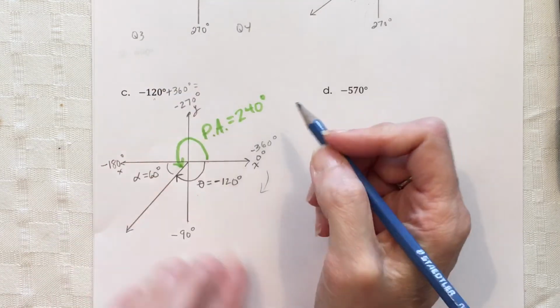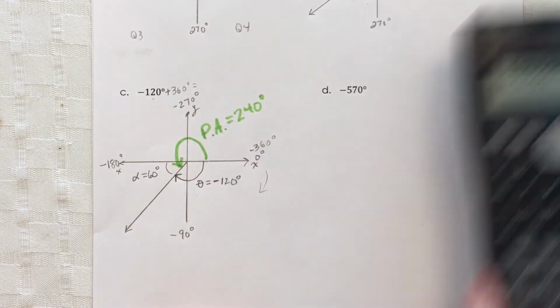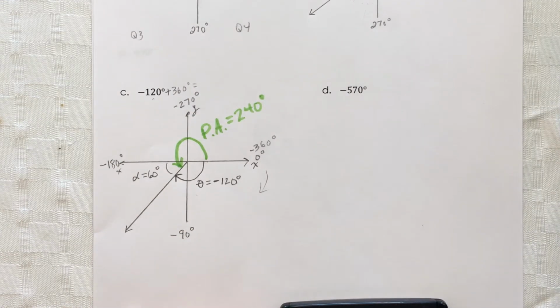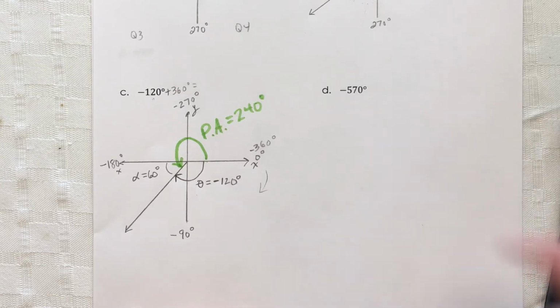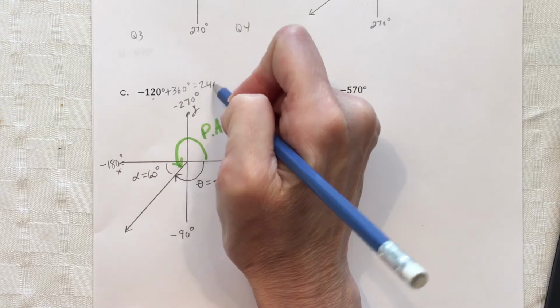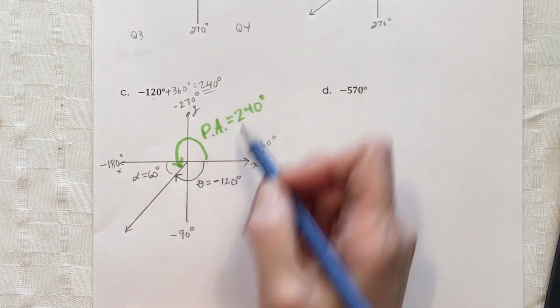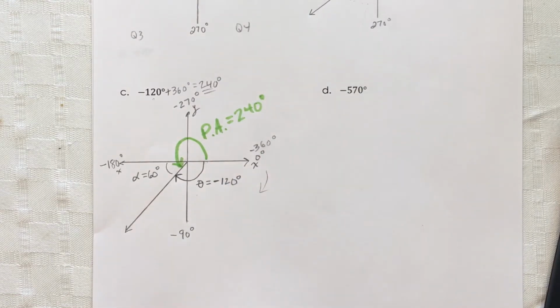Because when you add 360, you get right back around to where you started from. So negative 120 plus 360 gives you 240. And that would be a way of knowing where to draw your terminal arm as well.